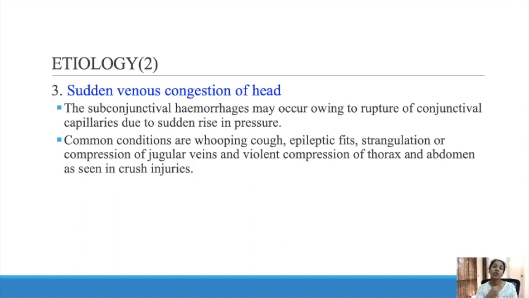Violent compression of the thorax and abdomen is seen in crush injuries. In a car accident, for example, there will be violent compression of the thoracic and abdominal region. At that time the pressure to the head increases and there will be rupture of conjunctival capillaries. So that is sudden venous congestion of the head.